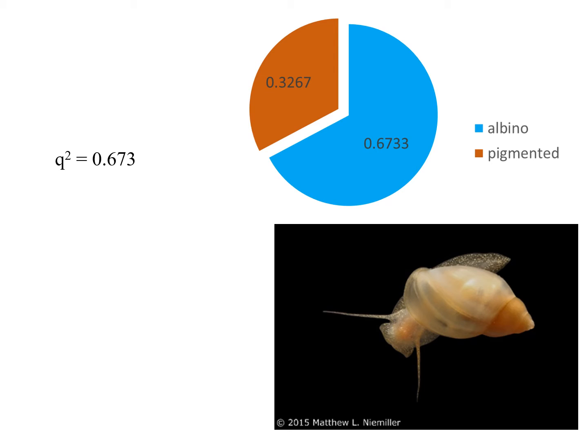Now, to carry on from there, we need to know q. So you would take the square root of that. The square root of q squared tells you q, which is 0.82. 82% of the alleles in the gene pool are the recessive allele.